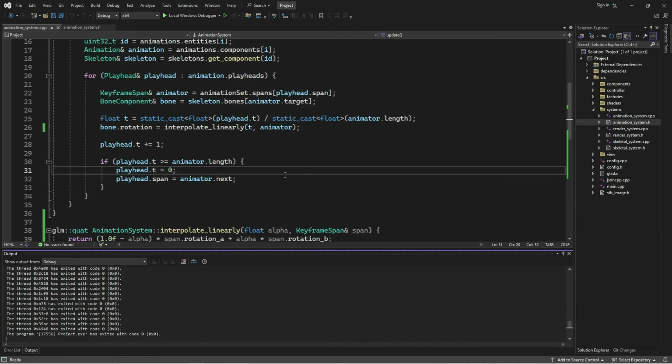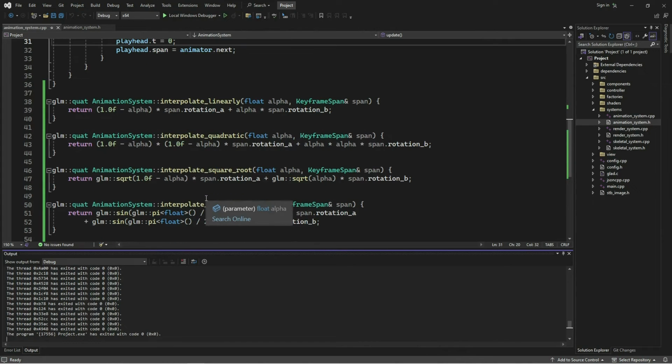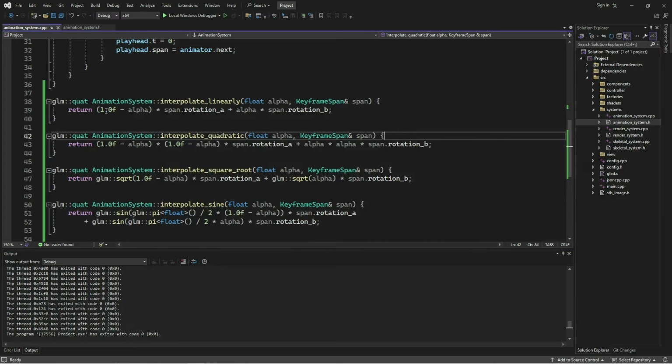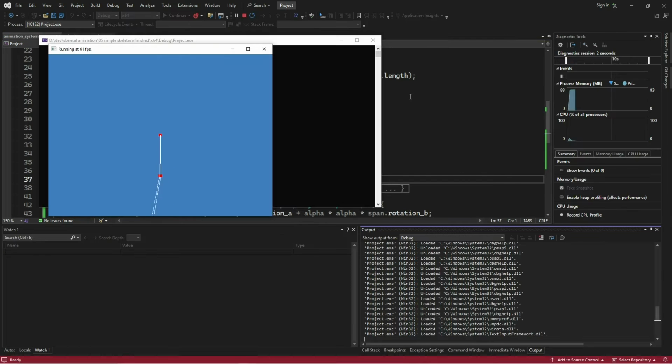Now, in contrast, let's look at interpolating quadratically. It's the same thing, but all we're doing is raising these coefficients to the power of 2. We're squaring the coefficients in the combination. Okay, so let's have a look at that. What we can see is very slow, and then whoop, it's like an ease in.